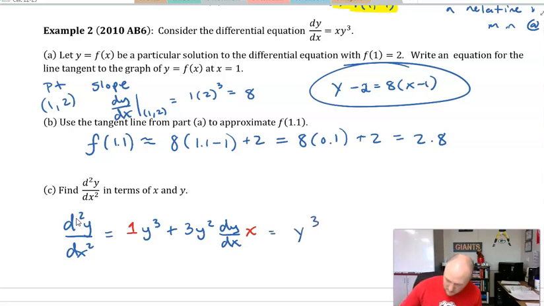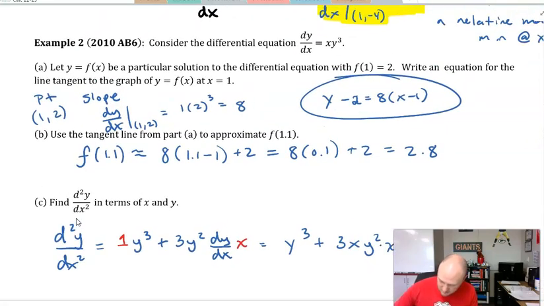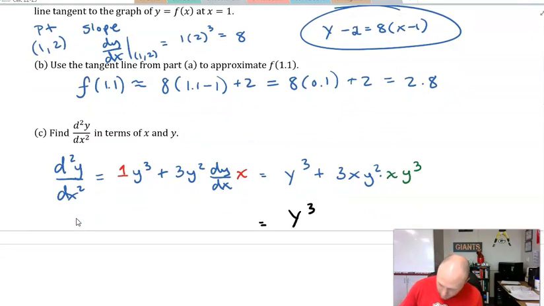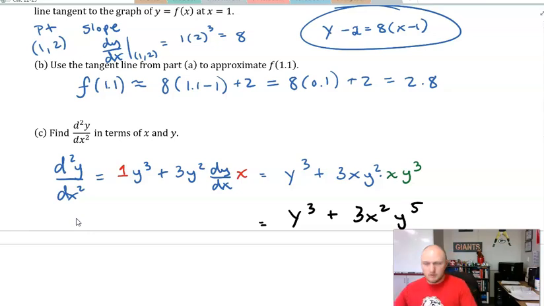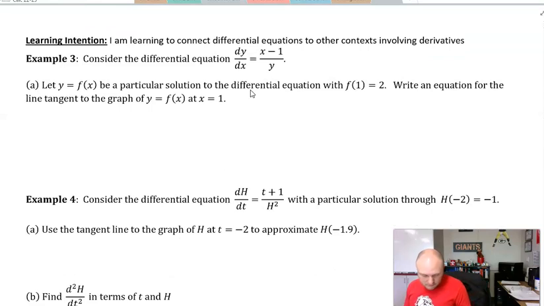So this would be y cubed plus 3xy squared times dy dx, which is x y cubed. If I wanted to clean this up, y cubed plus 3x squared y to the 5th. There you go. Hopefully we're doing well and cooking right along.